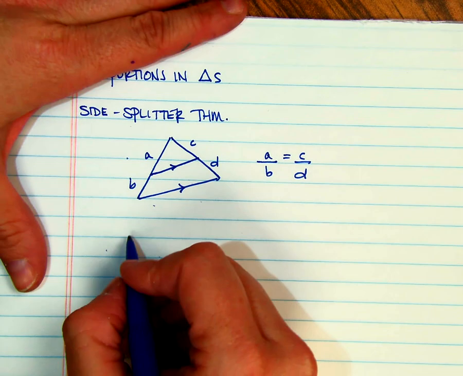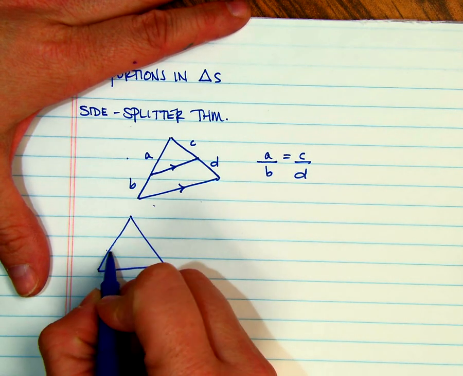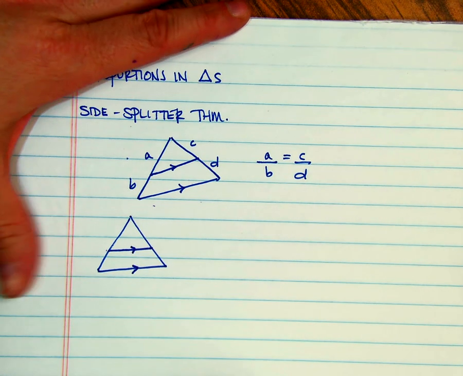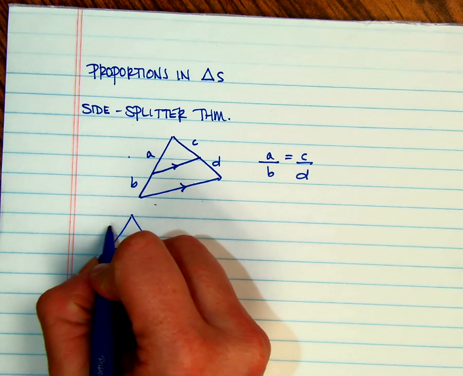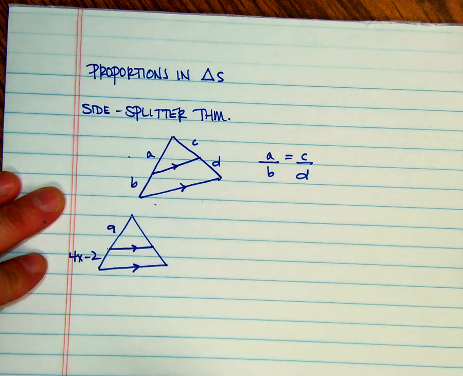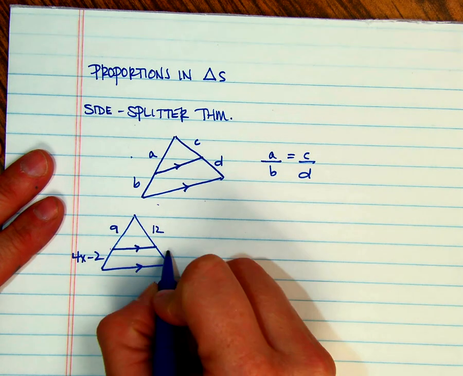Okay, so let's think of a scenario. You have to know that the lines are parallel. So if we have, let's say, 9 and 4x minus 2, and 12 and 3x plus 2.